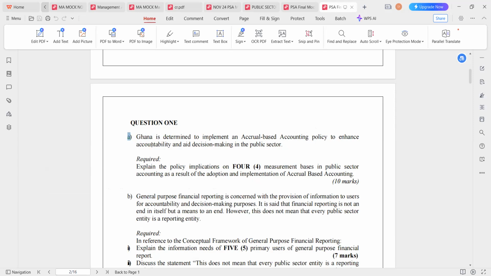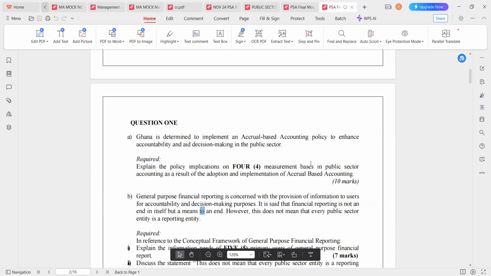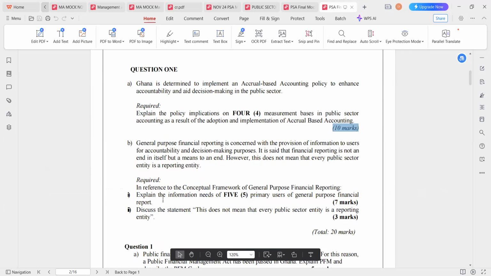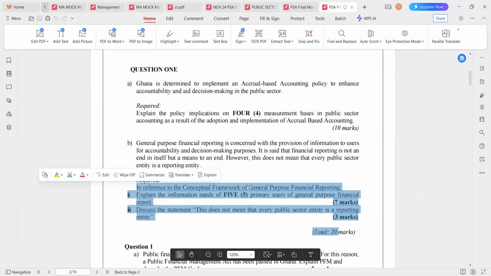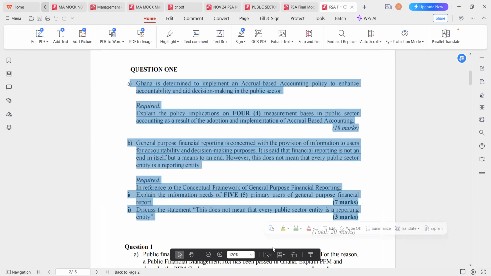So that is that. This is 10 marks. Then they will add a small area to it. And then this one they add to it, they have 20 marks. That's all. So that you get something in this neighborhood.